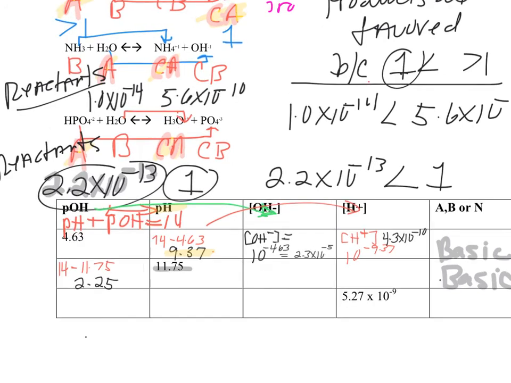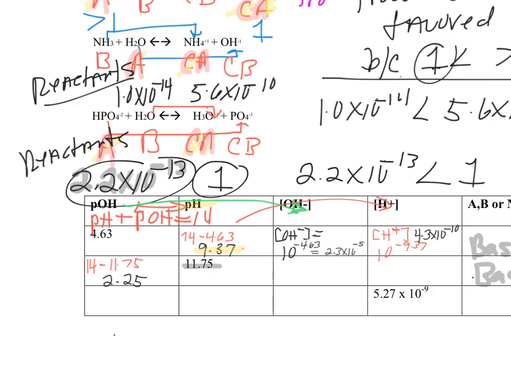Let's go ahead and get the OH concentration right here. Since we know that the pOH is 2.25, we're going to bring that over, and that is 10 to the negative 2.25. And that is going to be 5.6 times 10 to the negative 3.